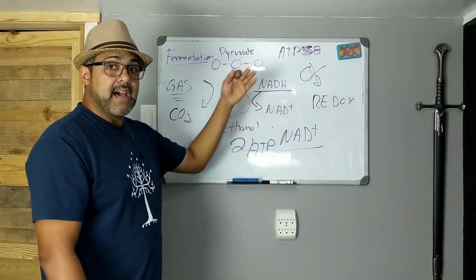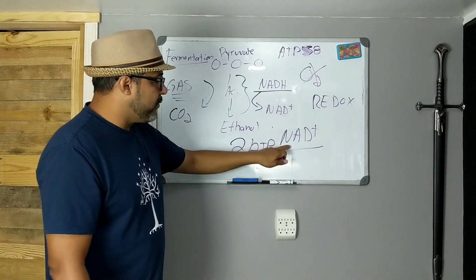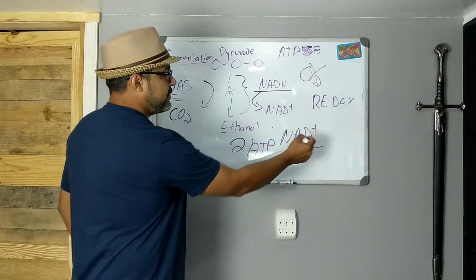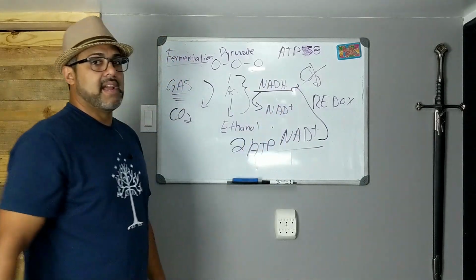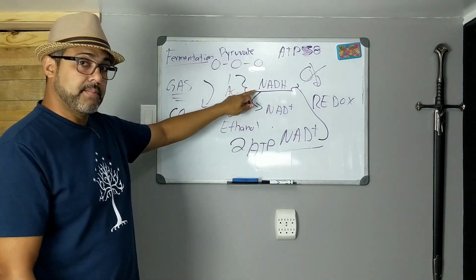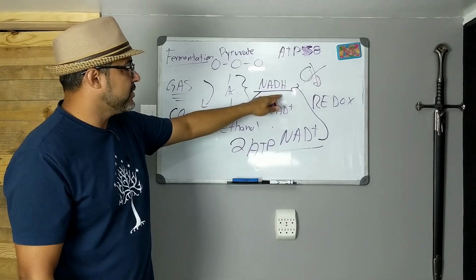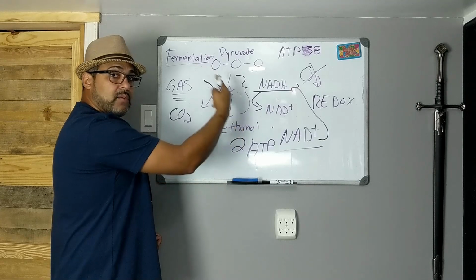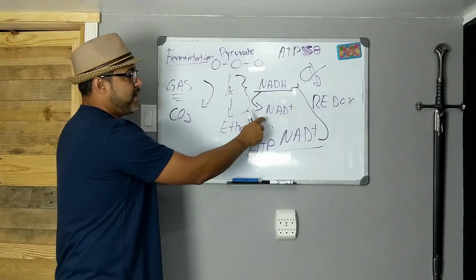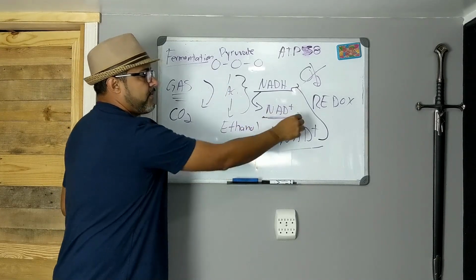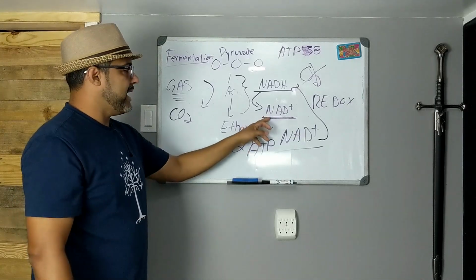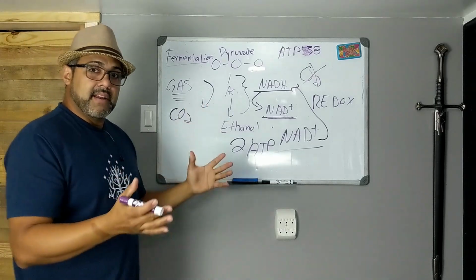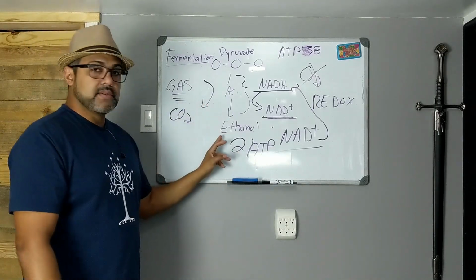But that happened because we turned this NAD plus into NADH. That is why we have NADH at this point. So what we're doing is feeding that glycolysis reaction with the oxidized form of this coenzyme, NAD plus. Okay, so is the most important thing to produce ethanol?